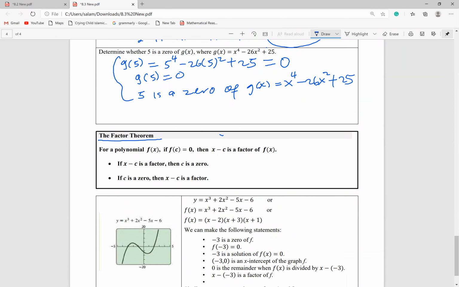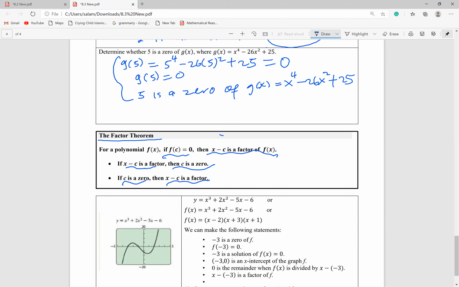The factor theorem states that for a polynomial f of x, if f of c is equal to 0, then x minus c is a factor of f of x. That is, if x minus c is a factor, then c is a 0. If c is a 0, then x minus c is a factor.